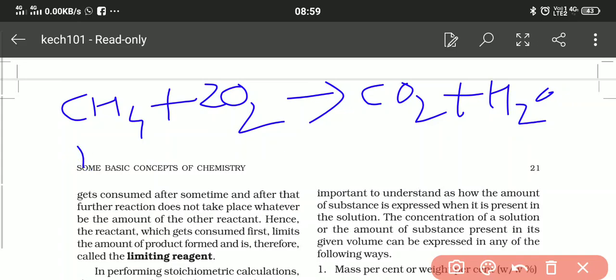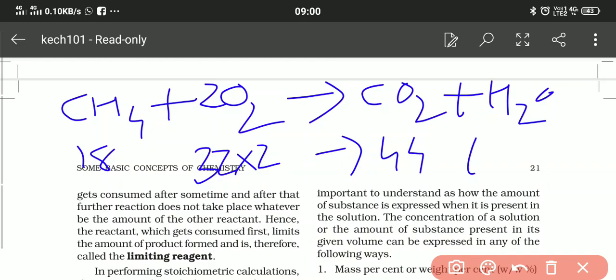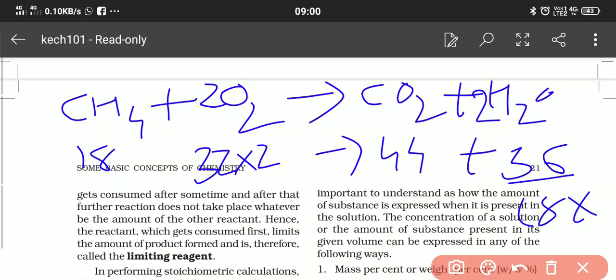Here if we have 16 gram of methane and 32 into 2, that is 64 gram of oxygen, then we get 44 gram of carbon dioxide and 2 H2O, that is 36, that is 18 into 2 gram of water.